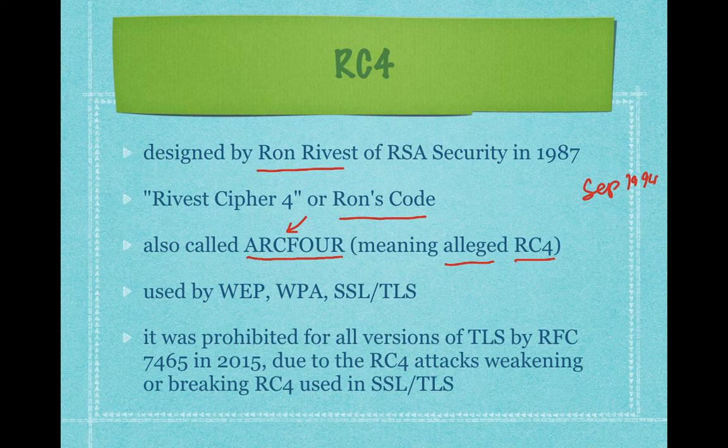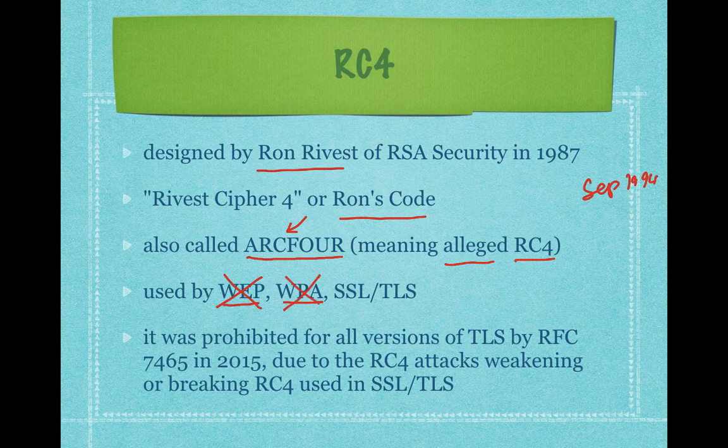Apart from SSL TLS, it is also used in Wi-Fi protocols. In Wi-Fi, we have a protocol called Wired Equivalent Privacy, WEP, and later another standard came because WEP was broken, called Wi-Fi Protected Access, WPA. Both of them use RC4. However, due to security reasons, nowadays both protocols are banned.